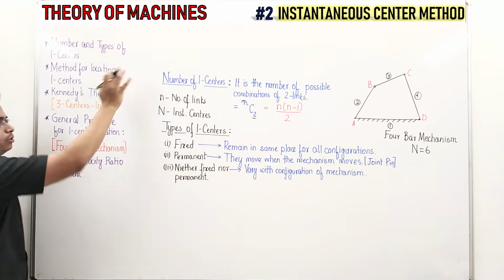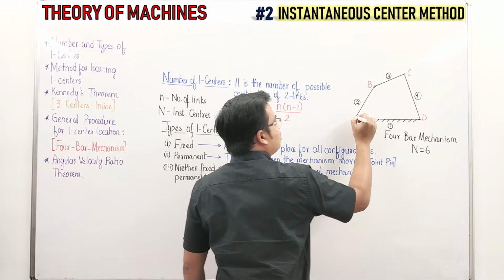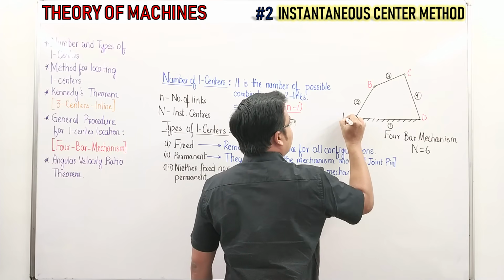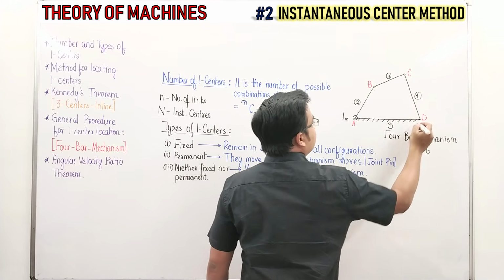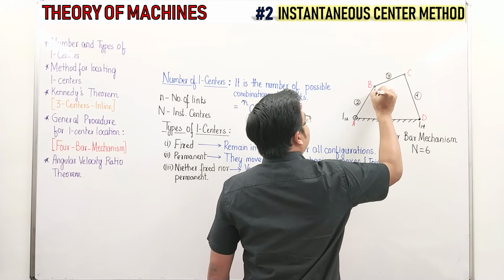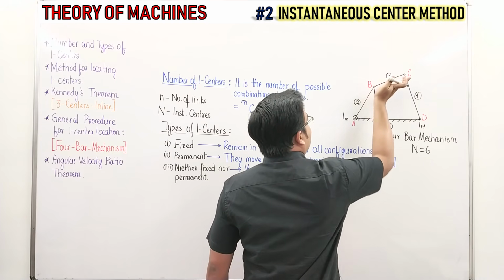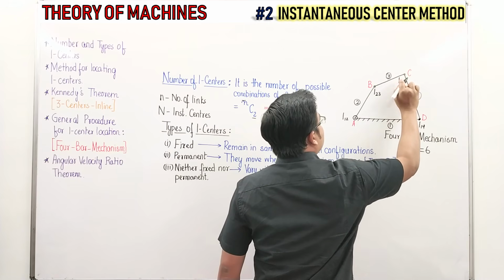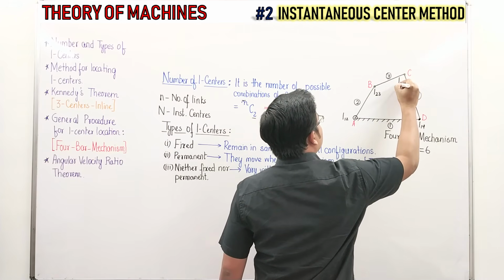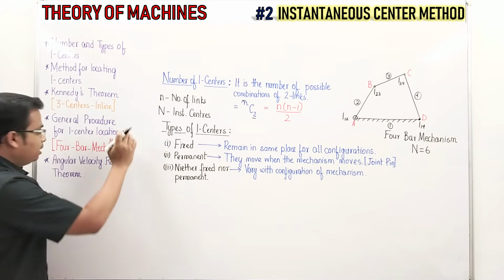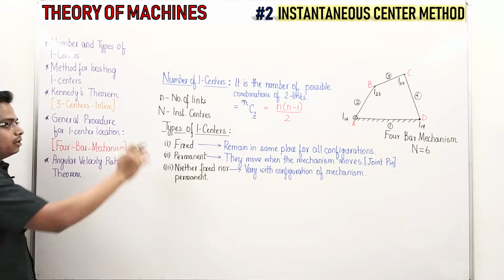But before that, you just have to trust me that with the help of inspection, instantaneous centers can be located. This is going to be I12, this is going to be I14, this is going to be I23, that is 2 and 3, and this is 3 and 4, and that's why this is going to be I34. This is just by visual inspection, right?